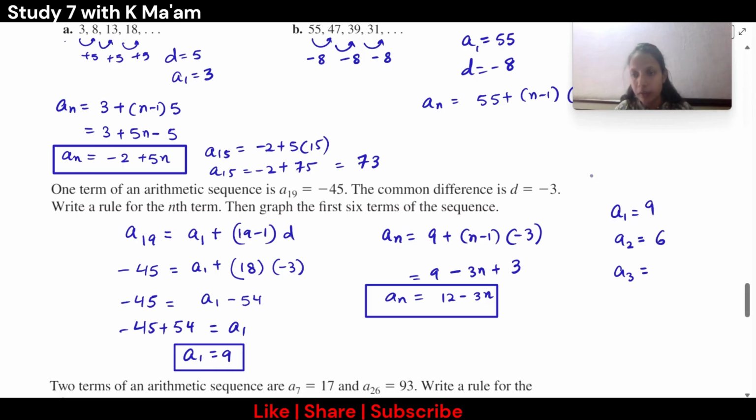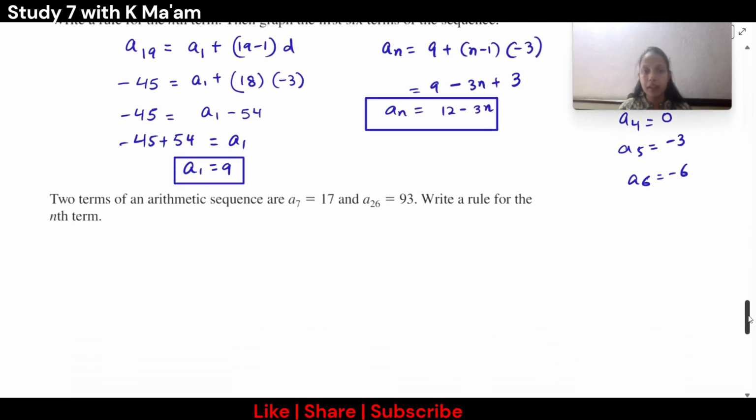Second term is 6, not 3. Then n is 3. 3 threes are 9. 12 minus 9 is 3. Fourth term: 4 threes are 12 and 12 minus 12 is 0. Fifth term: you will get negative 3. a6 is negative 6. Done. We are done with this question.